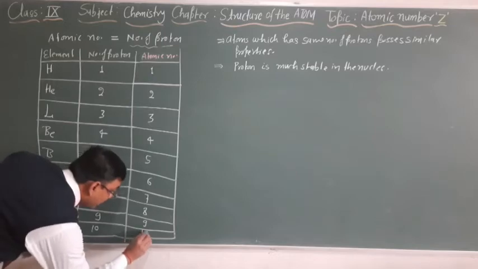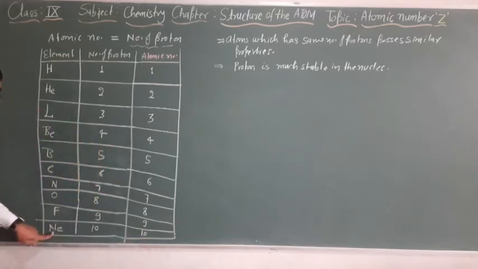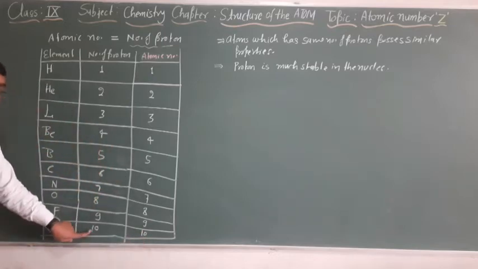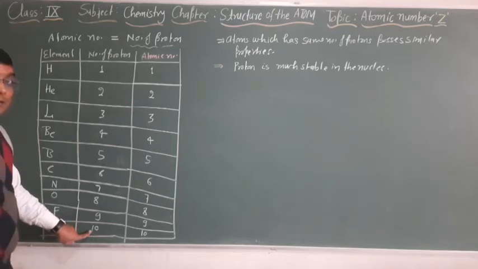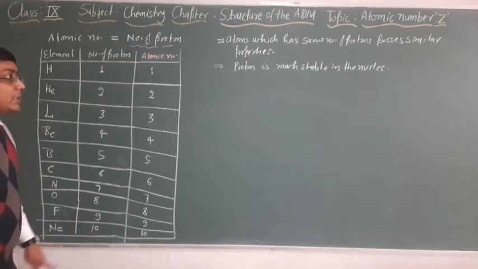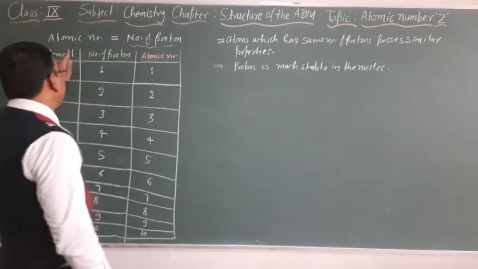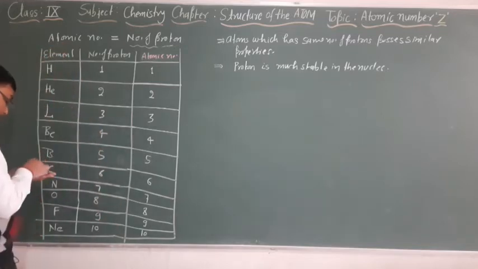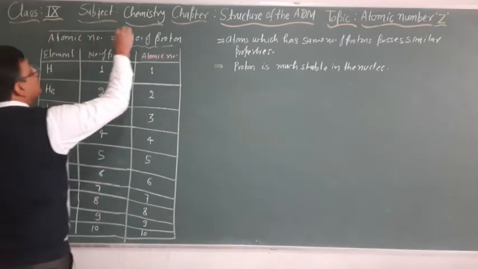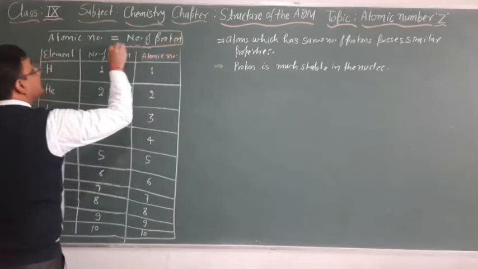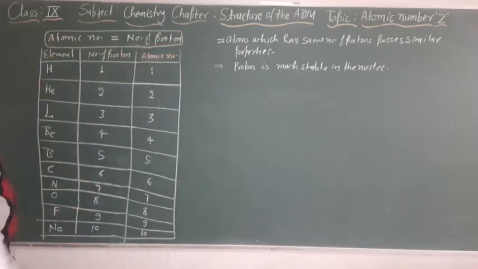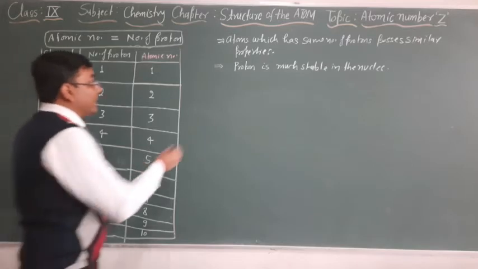Neon has atomic number 10 because neon has 10 protons in its nucleus. So we can clearly make a conclusion: the atomic number is equal to the number of protons.